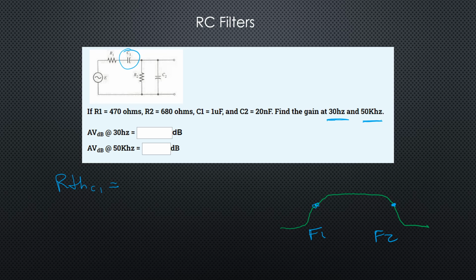So we can see that R Thevenin C1 is equal to R1 plus R2. We know that X of C is equal to 1 divided by 2 pi FC, and at frequency critical, X of C and R are equal. So we can manipulate this formula, 2 pi R Thevenin C.